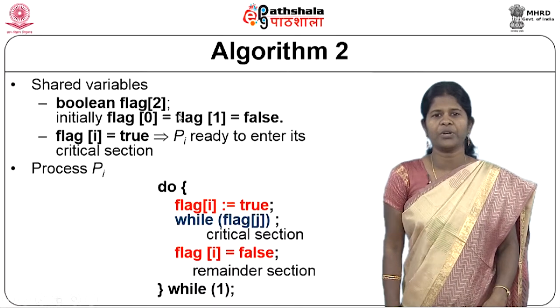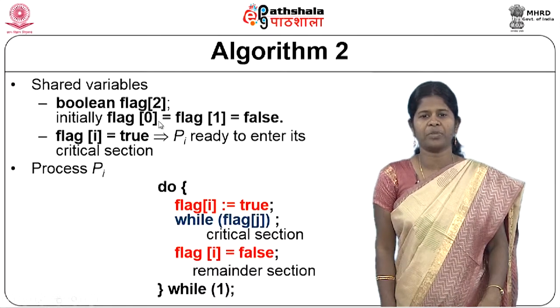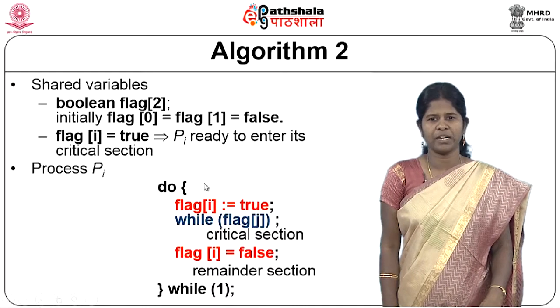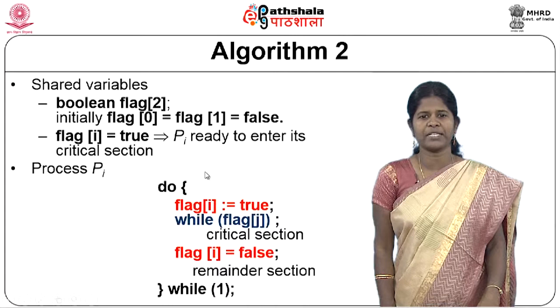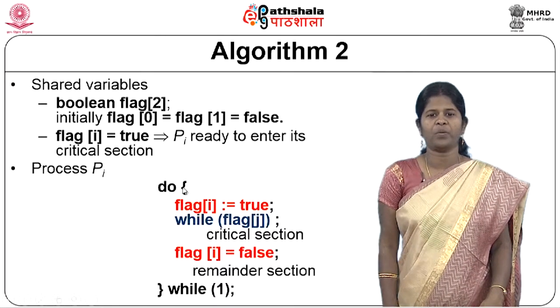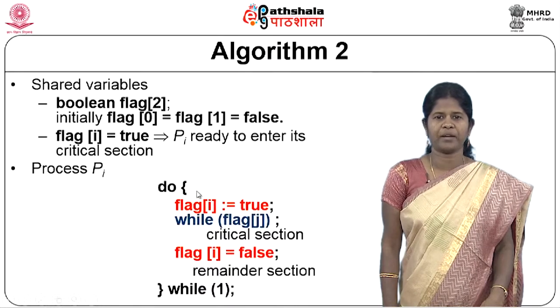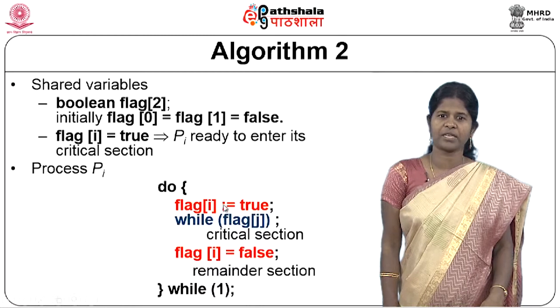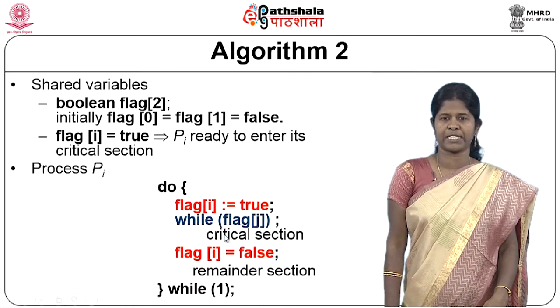As I told you, you have a flag variable for each process, and now consider there are two processes P0 and P1. P0 will execute this part before it enters the critical section. Very similarly, P1 will also execute this part before it enters the critical section.